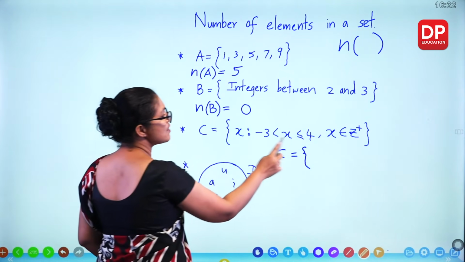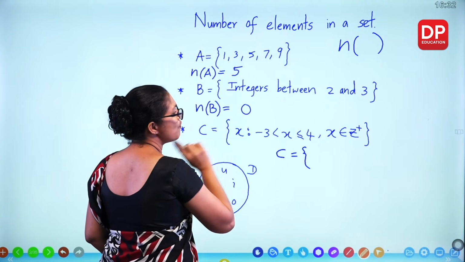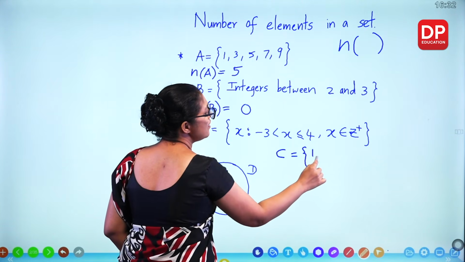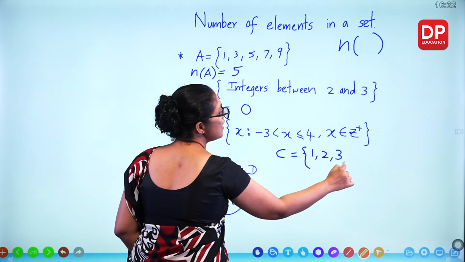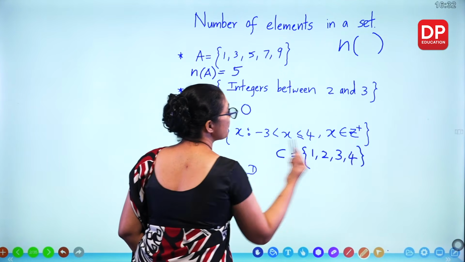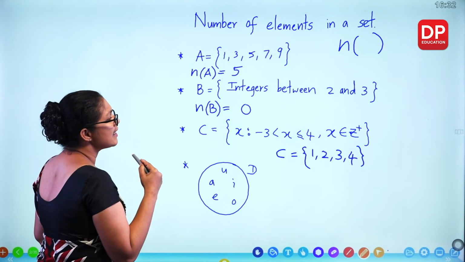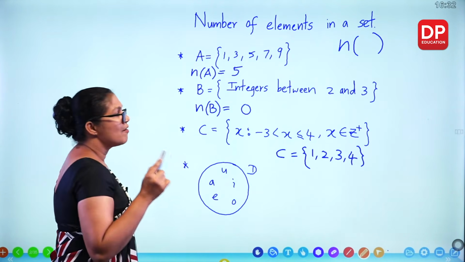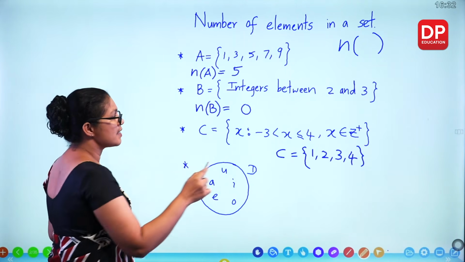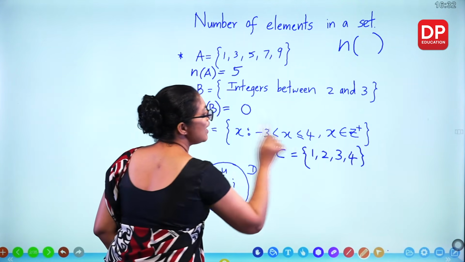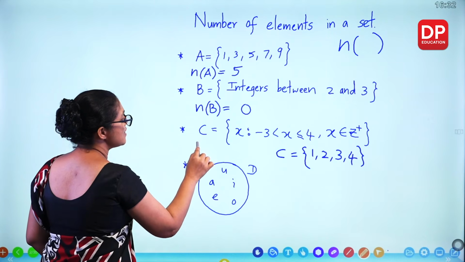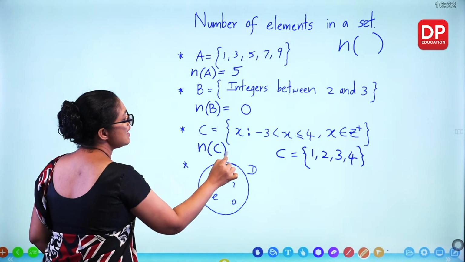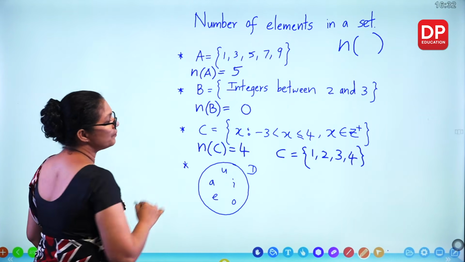So, what are the positive integers between -3 and 4? 1, 2, 3, 4. You can't take 0 for positive integers, they start from 1. So, how many elements are there? 4 elements. So, n(C) is 4.